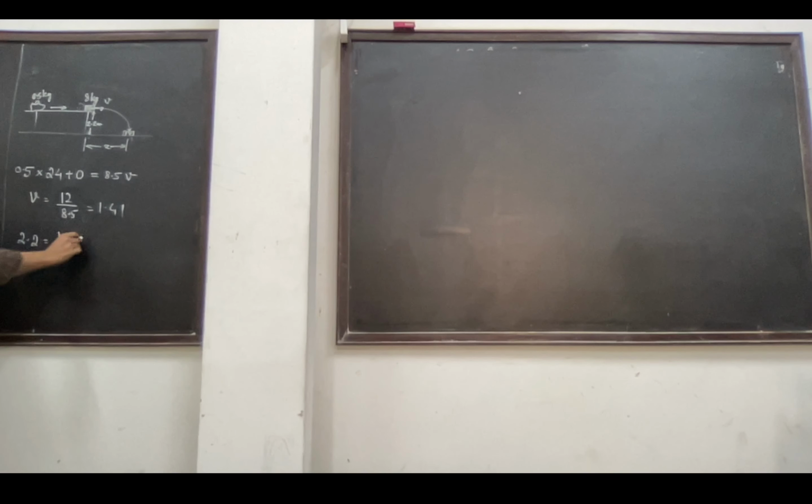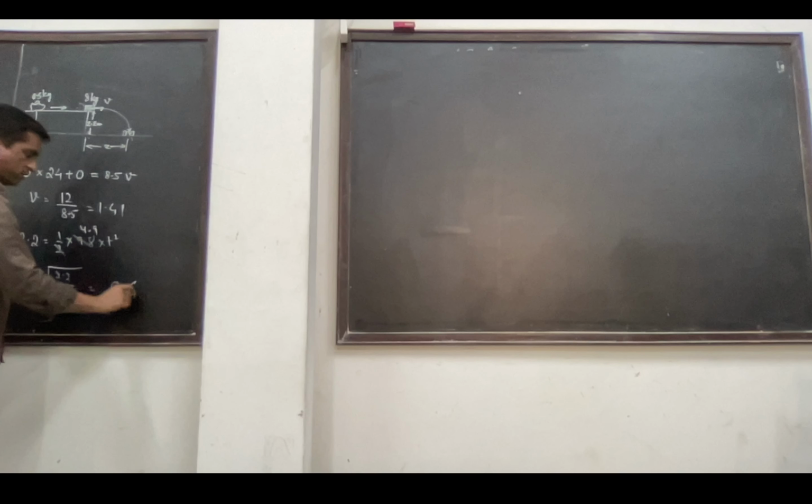I'll take 9.8, into t square. This is 4.9, and therefore t is root of 2.2 divided by 4.9. What would this be? 0.67. 0.67 seconds. Now with this time, how much horizontal distance traveled?